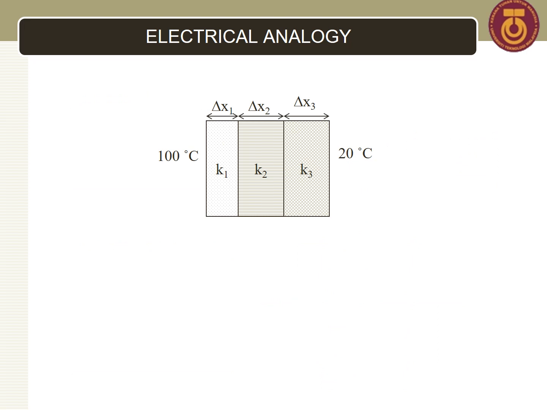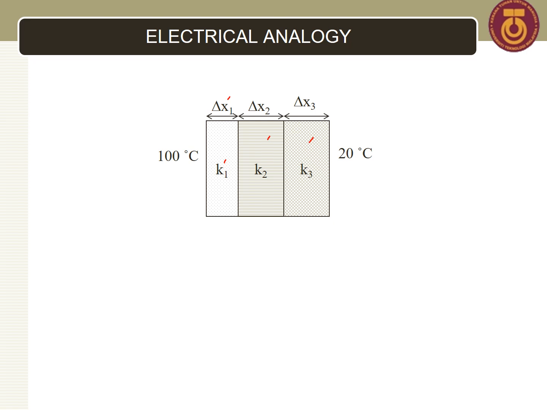Okay, let's go through this example. It's a system consisting of 3 layers, and what you can see here, the 3 layers consist of different materials and with different thickness. Layer number 1 is a material with the thickness of delta x1 and thermal conductivity of K1, and so on for layer 2 and layer 3.